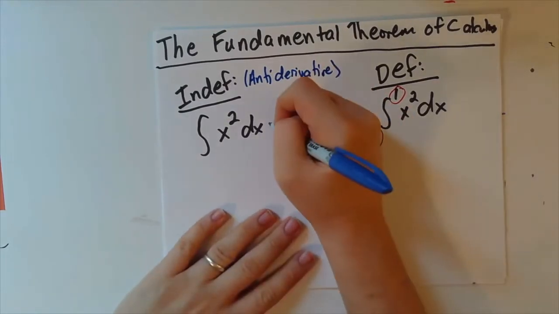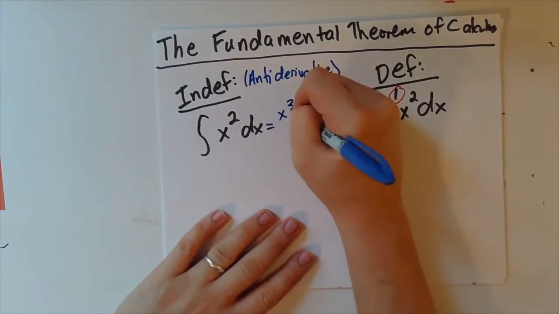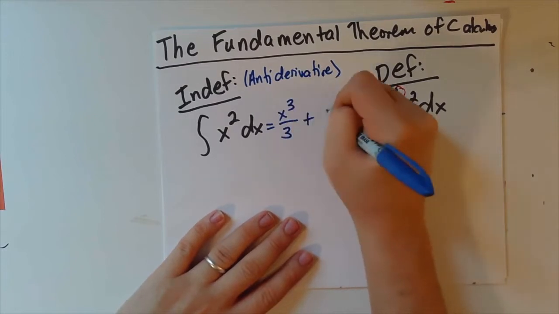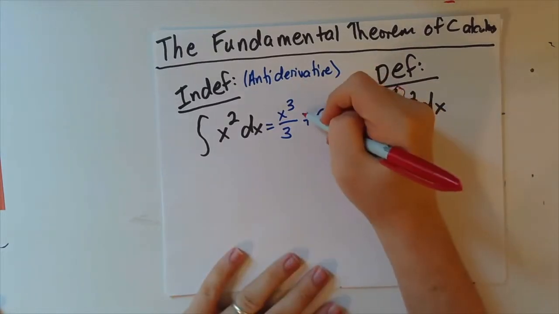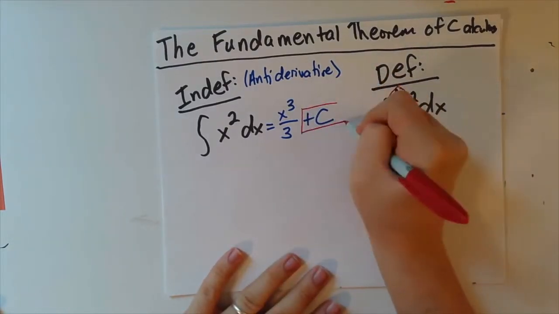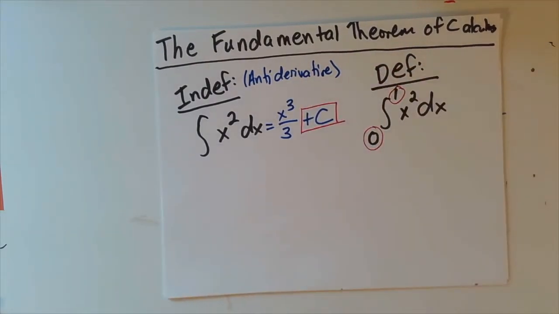So this is going to be x cubed over 3 plus c. And I want to remind you that indefinite integrals always come with this plus c factor tacked on the end. Okay, so that is indefinite integrals.